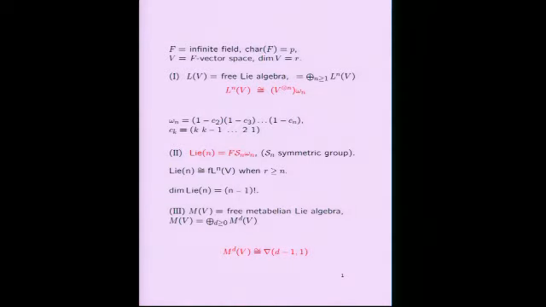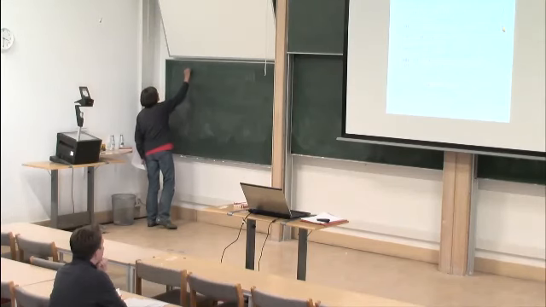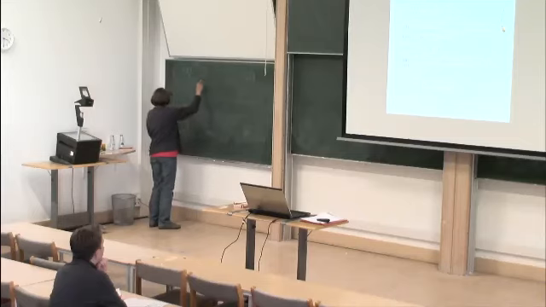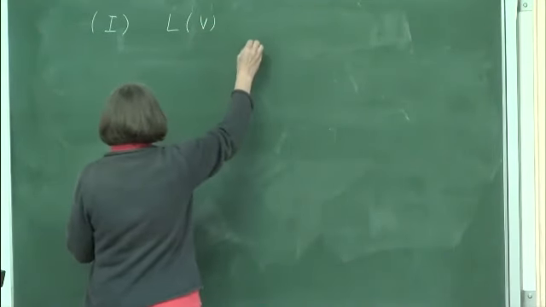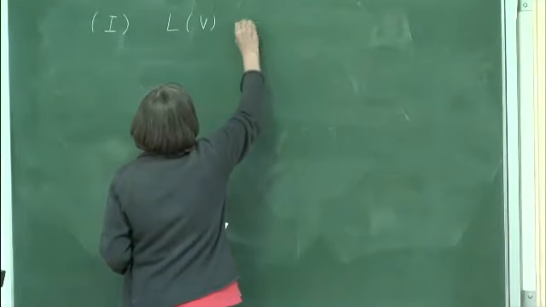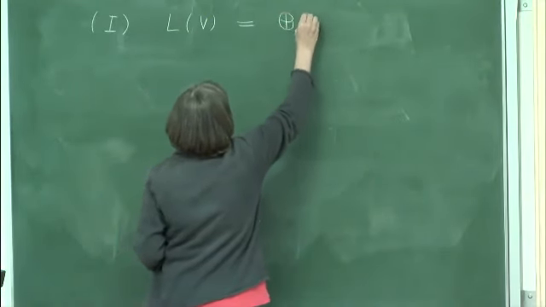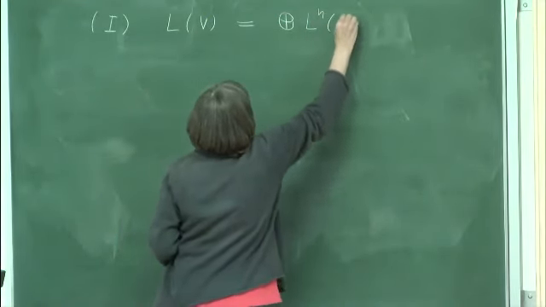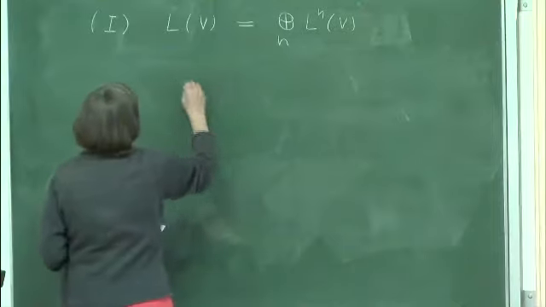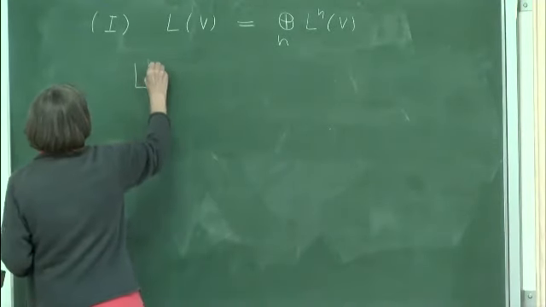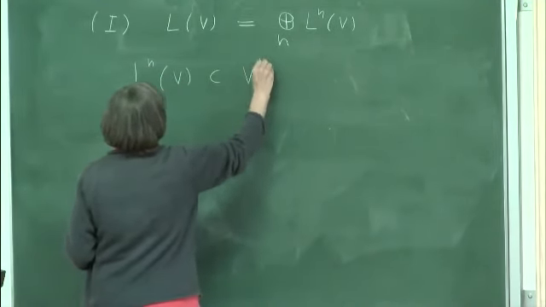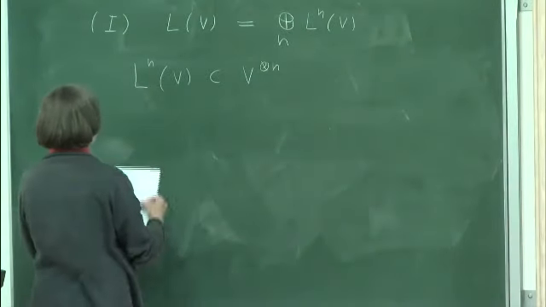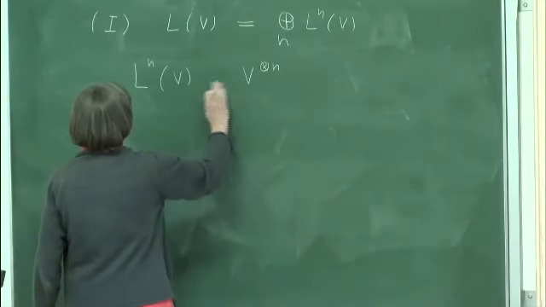The first one is homogeneous parts of the free Lie algebra. So L(V) is the Lie algebra generated by V, and L_n(V) is contained in the tensor power V^{⊗n}, and in fact you can write it down explicitly.